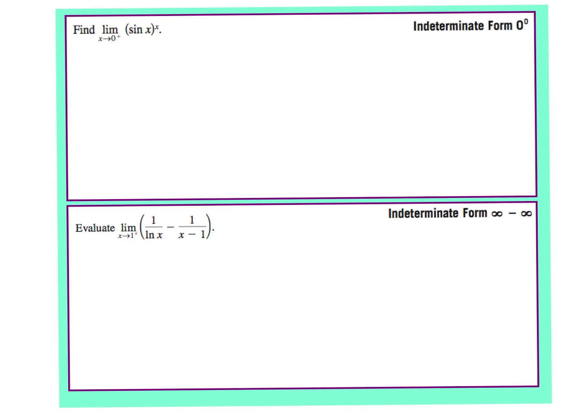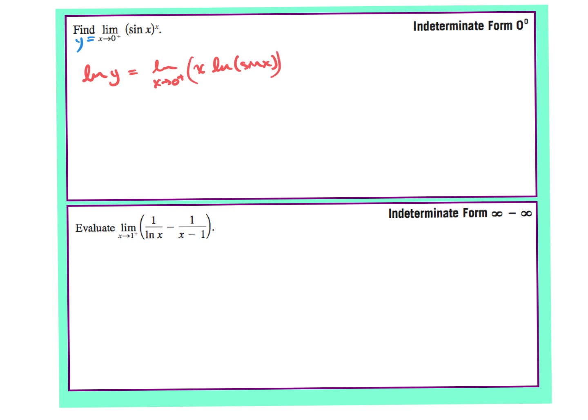So I set this thing equal to what I call y, and then we natural log both sides. So now we have the natural log of y is equal to this limit as x approaches 0 from the right. And then what comes out? This is the whole reason behind why we do it. x, and then natural log of sine x.